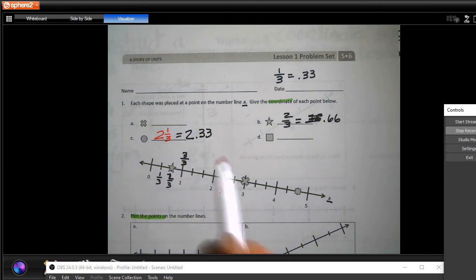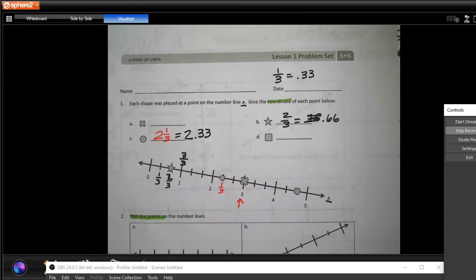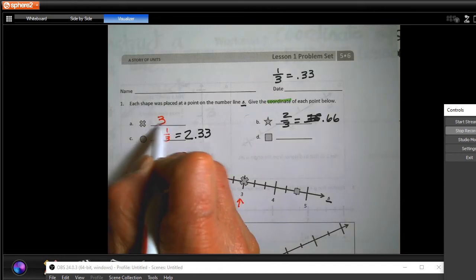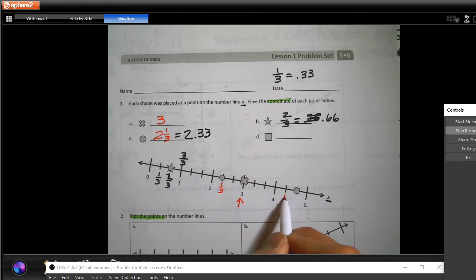Okay, now let's find another one. Let's find the coordinate for the x. Oh, well, look, easy. It's a whole number. We don't have to worry about finding the fraction. So the x is at mark number 3, which is the tick number 3. Okay, number 4, no, the square is on 4. Again, this is 1/3.